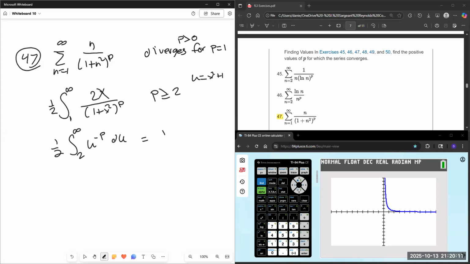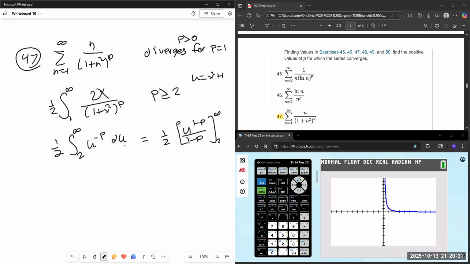So this is going to be 1/2 of u to the 1 minus p over 1 minus p, evaluated from 2 to infinity for u.